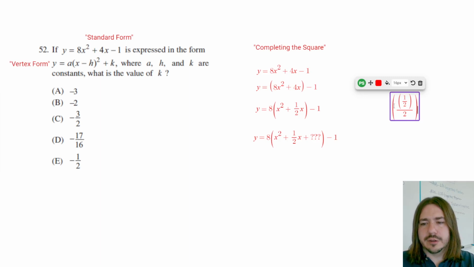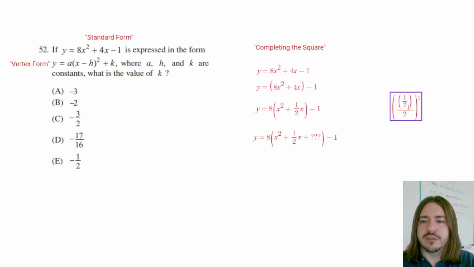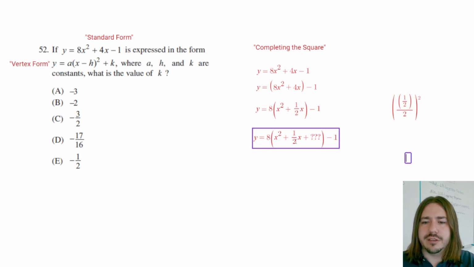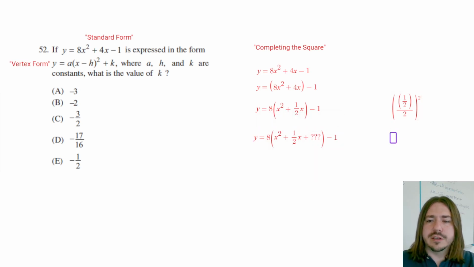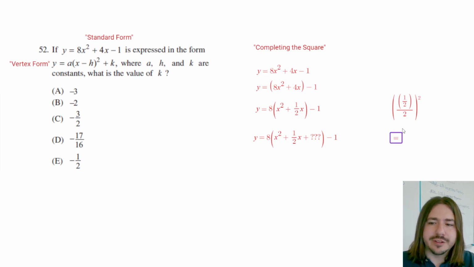This is going to get a little messy because we've got a fraction here, but we are going to square this entire expression. Usually it's easier if this is a whole number. Let's say it was 6. 6 divided by 2 would be 3, and 3 squared would be 9, so you'd put a 9 here. We are dealing with a fraction though, so no big deal. 1/2 divided by 2, if you cut a half into half, you get a fourth.